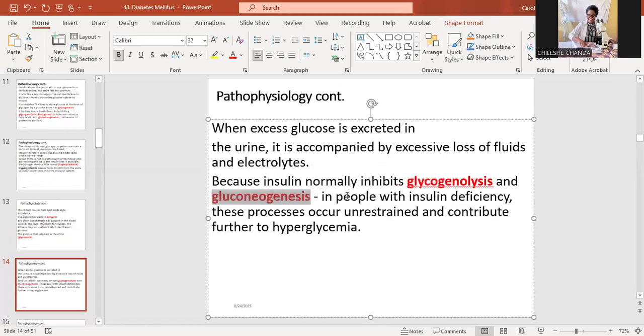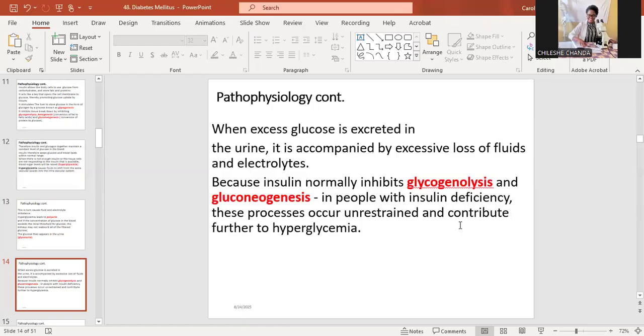When there is insulin deficiency, these processes will start occurring without restraint. So you find there is going to be breakdown of glycogen, all right? There is going to be breakdown of fats and proteins in order to form glucose. So these things will be happening without any restraint. And so there is going to be increased hyperglycemia.